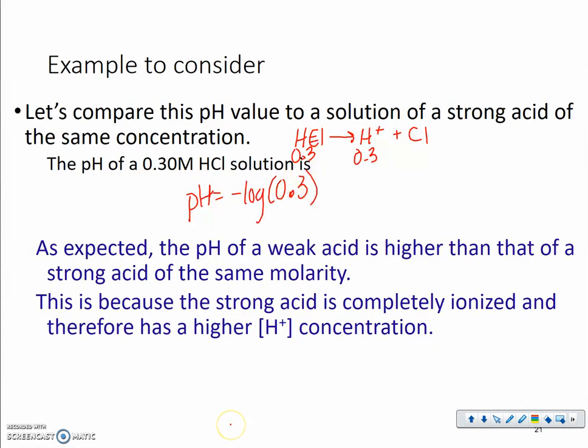You can just plug it in straight away into your formula, which gives you 0.52. Which again should make sense, because a strong acid is going to have more ionized, which means you're going to have a lower pH. So again, stronger acids should have a lower pH.